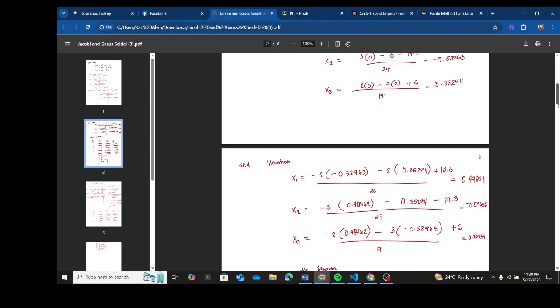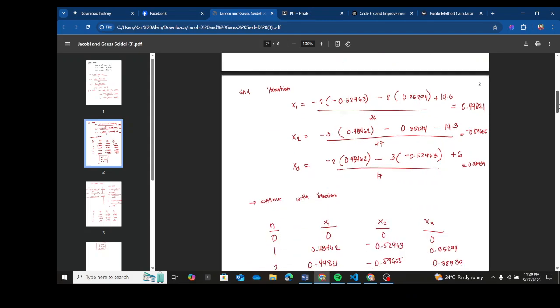As we move on to our second iteration, our x sub 1, after getting the answer in the first iteration, should be substituted as our new guess.